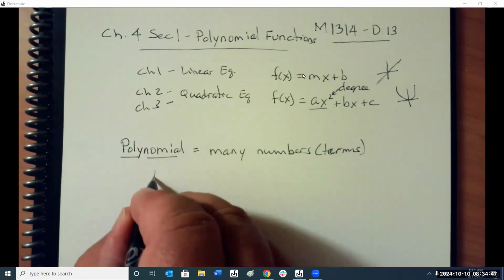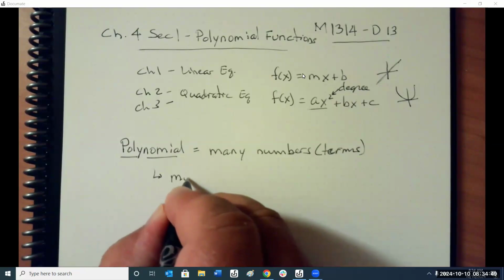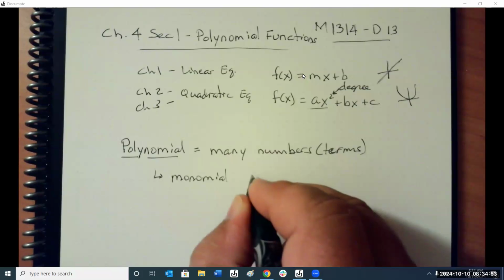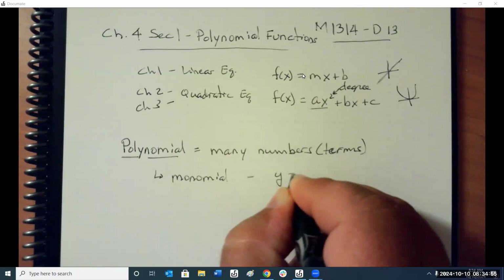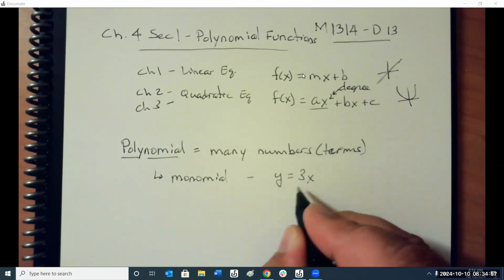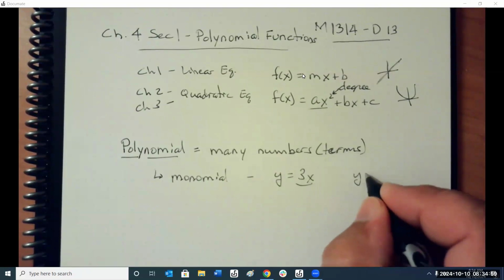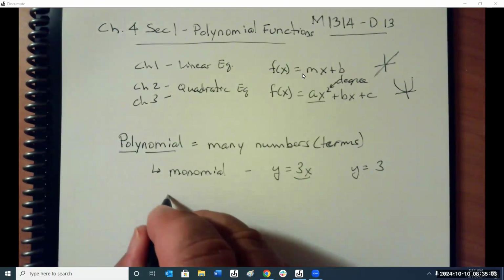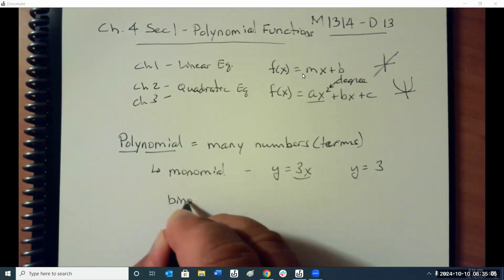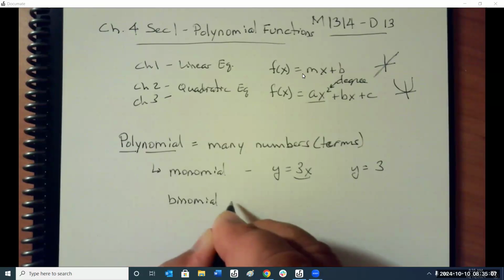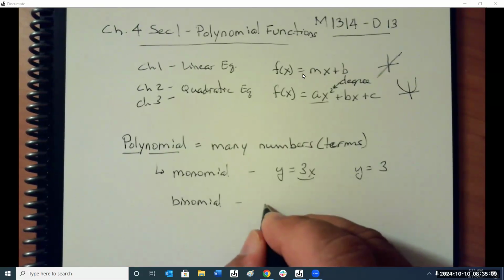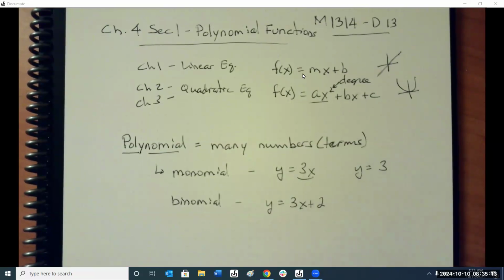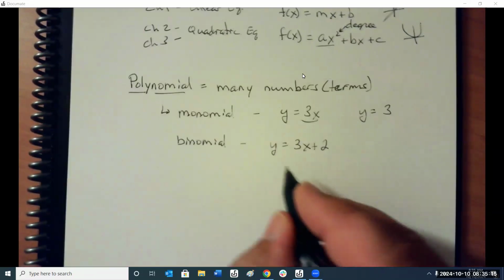Polynomials can be a monomial, only one term, or it could be a constant. It could be a binomial, which has two terms.